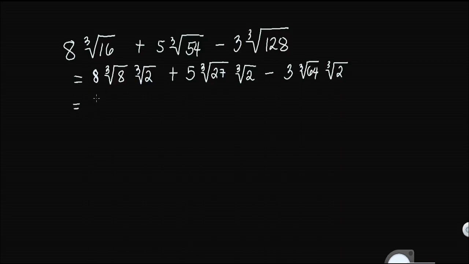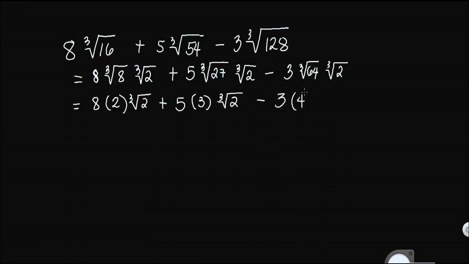Okay? Now, simplify 8 cube root of 8. Cube root of 8 is 2, cube root of 2, plus 5 cube root of 27, that is 3 cube root of 2, minus 3 cube root of 64, we have 4 cube root of 2.